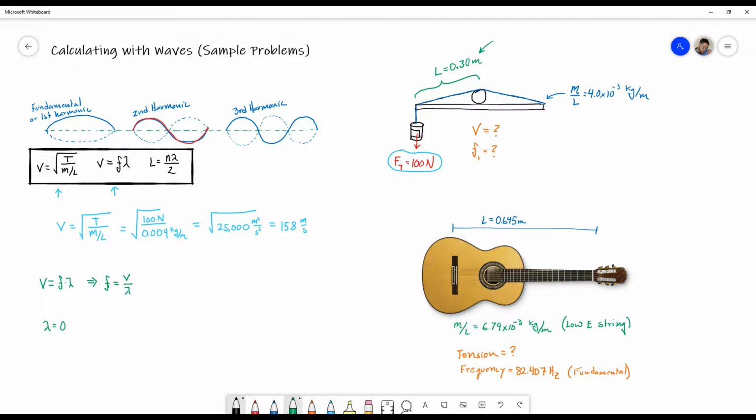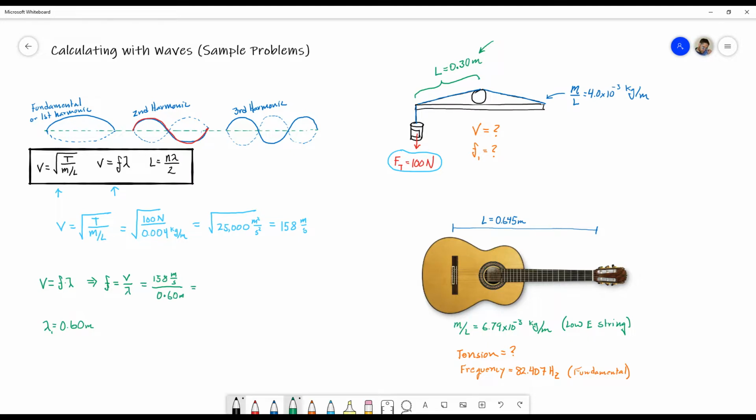So my wavelength is 0.60 meters, because I've doubled the length of my string to get the full wavelength. So I can plug in those pieces: 158 meters per second, and below that, my wavelength for the fundamental is 0.60 meters, so 60 centimeters.